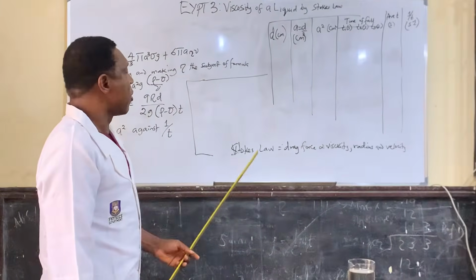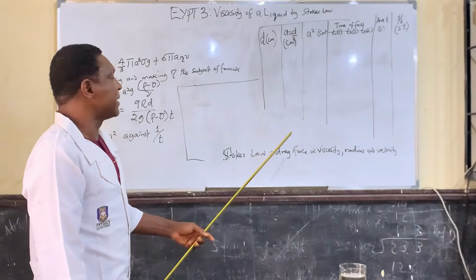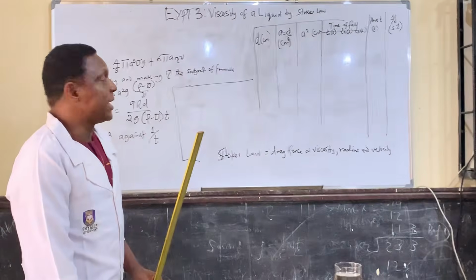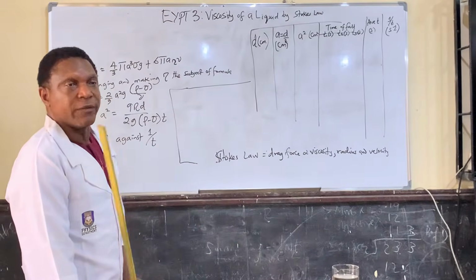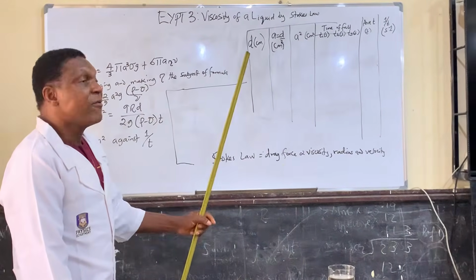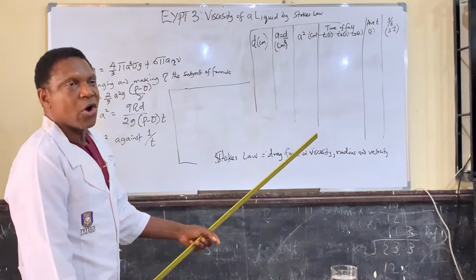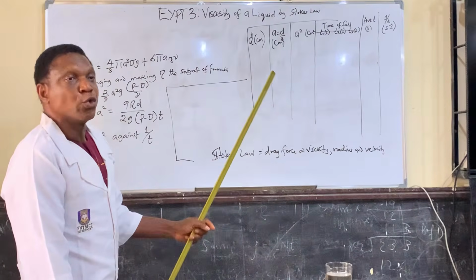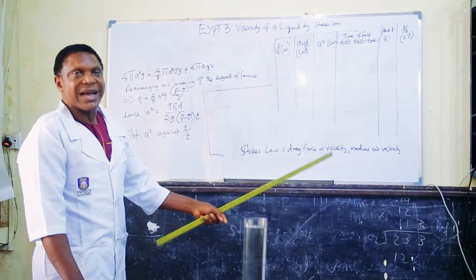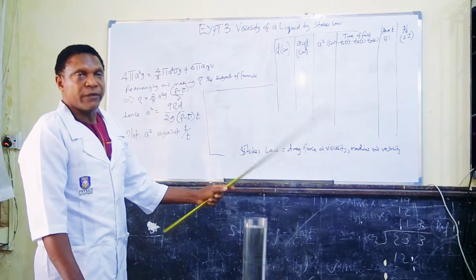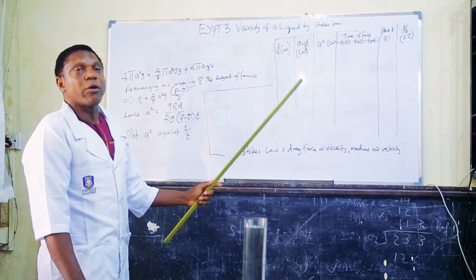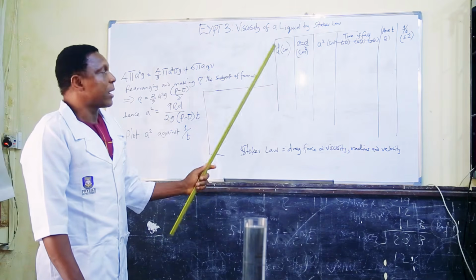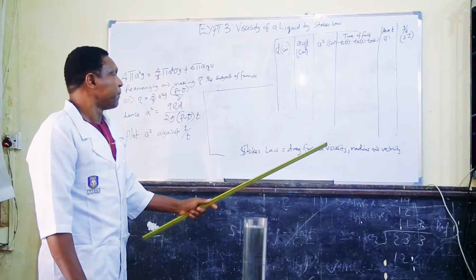So Stoke's law is a function of the fact that the drag force is directly proportional to the viscosity of the fluid, the radius of the object traveling through the fluid, and the velocity at which the object is traveling through the fluid. In this case, you are talking of the terminal velocity. In other words, constant acceleration.